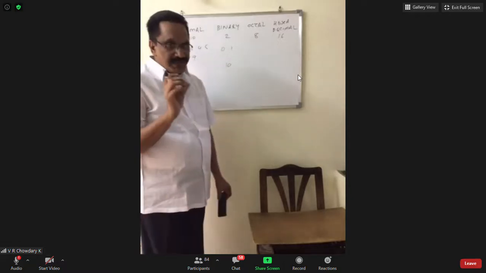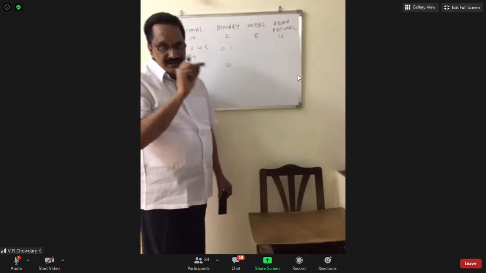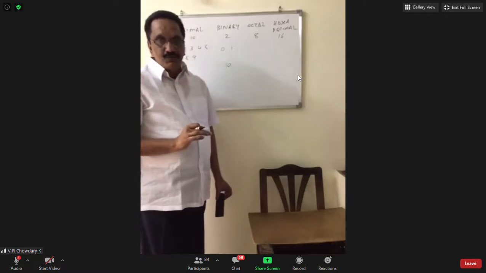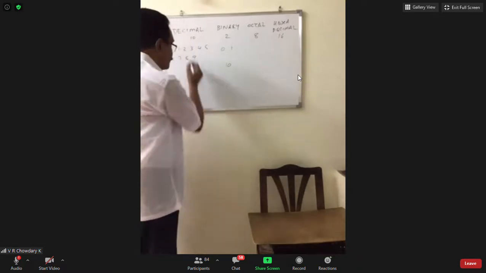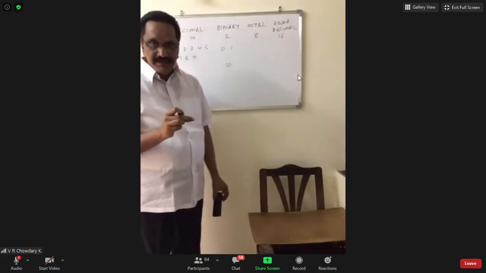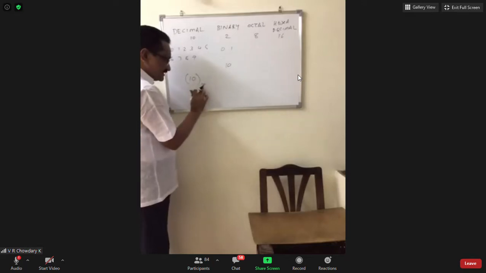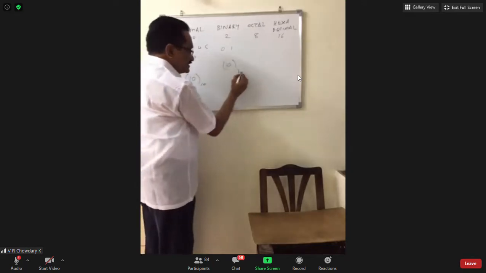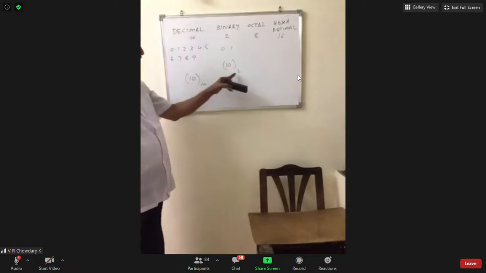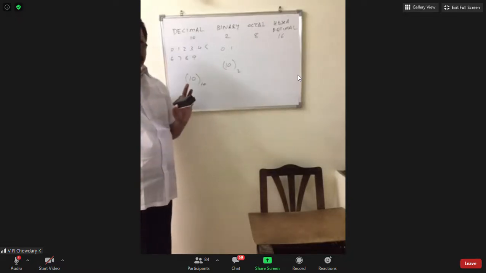In the binary number system, 10 stands for 2 quantities. In the decimal number system, 10 stands for 10 quantities. So actually, this is the radix value. So this is the binary number 10. This is the decimal number 10.